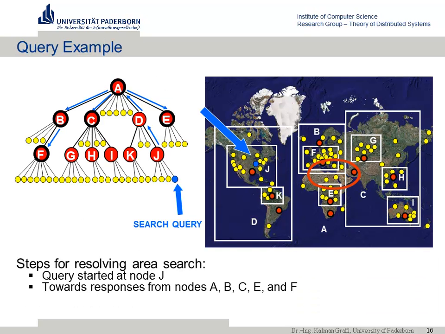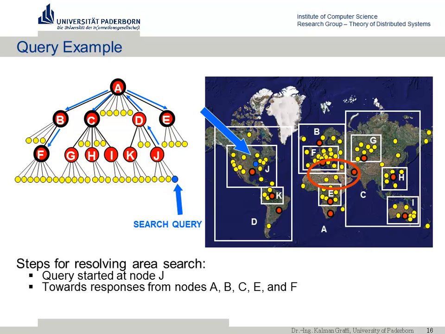Another example, in this case some node in J is looking for this area. Again, you send out your query to your super peer, and he sends it in the worst case to the root, which then forwards it to all nodes and all super peers who are intersecting with that area.